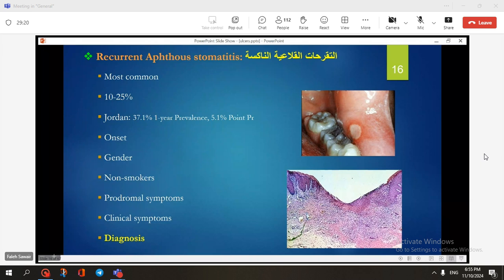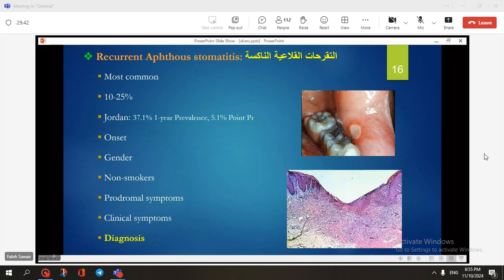In the last year, I mean, they got aphthous ulcers. At the time of examination, 5.1% had this ulceration. So the others just had a history of ulcers.